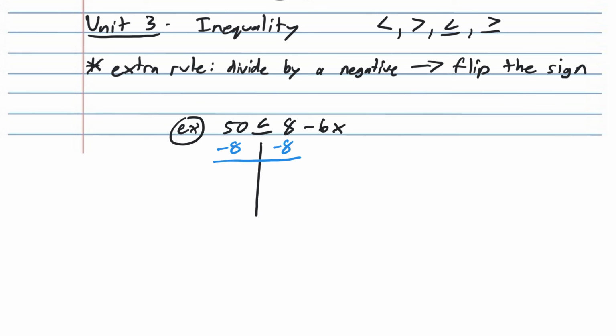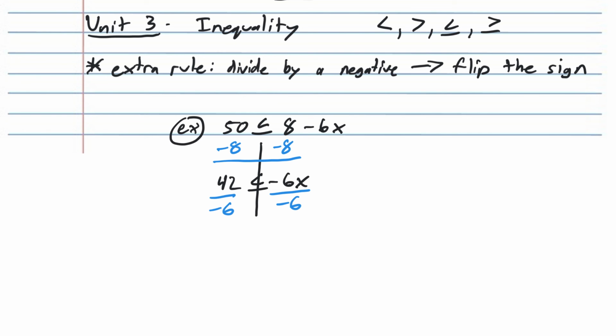Leftovers, we have negative 6x on the right. The symbol hasn't changed yet. I subtracted, but I didn't divide by a negative, so I'm still good. And then 50 minus 8 gives you 42. Now we have to get rid of that negative 6, so we can divide it to the other side. And now we just activated our new rule.